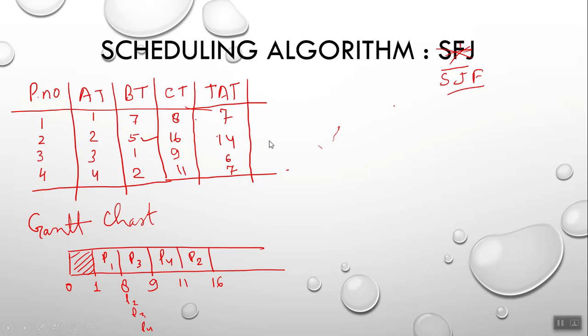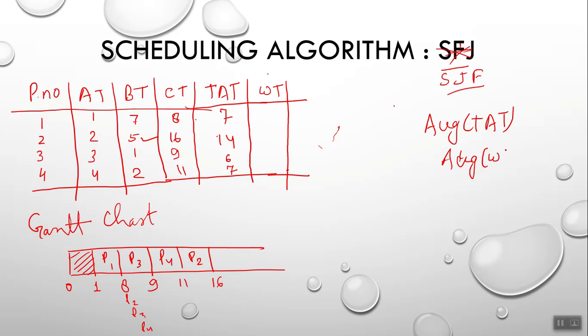That's how you calculate the turnaround time, and the next is waiting time. In the question they will ask you for the average turnaround time and the average waiting time.